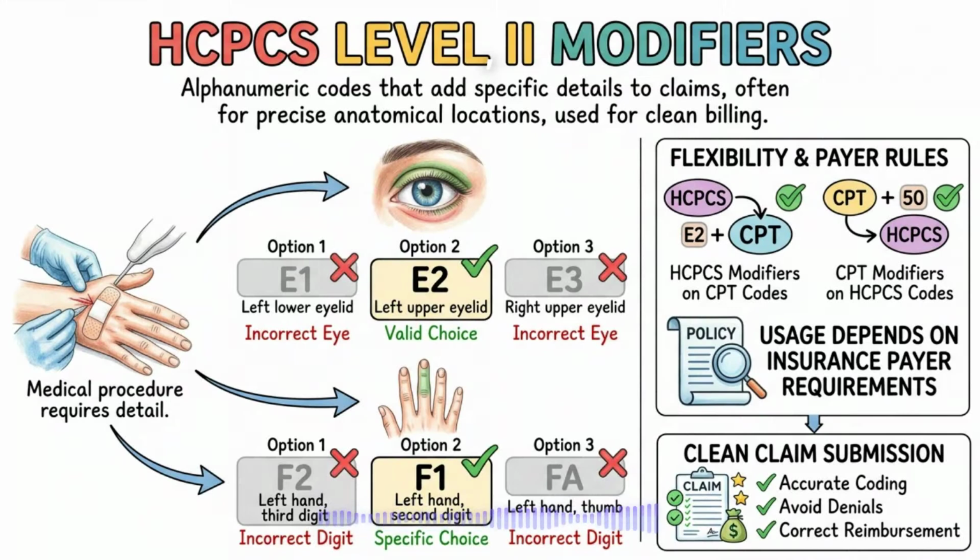These modifiers are incredibly specific and are often used to identify anatomical locations, such as indicating exactly which eyelid, finger, or toe was treated. You can actually use HCPCS modifiers on CPT codes and CPT modifiers on HCPCS codes, depending on what the specific insurance payer requires for a clean claim.